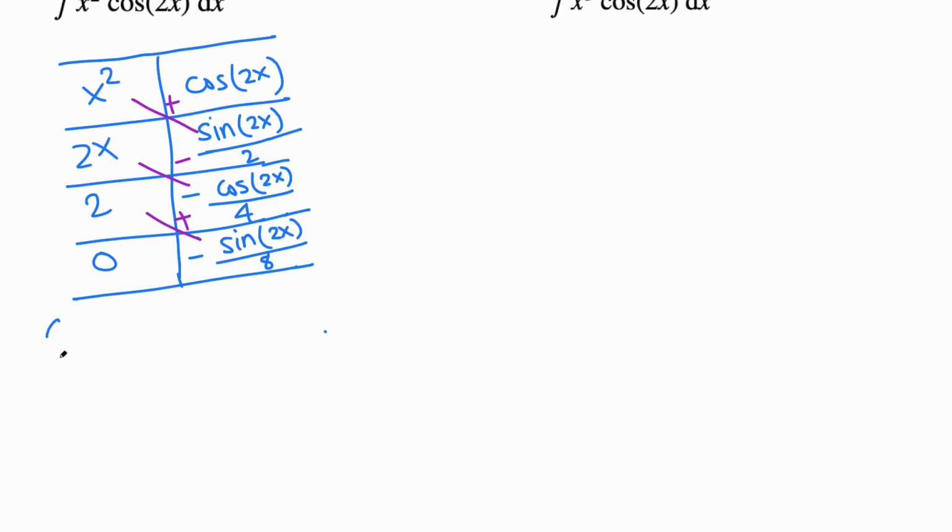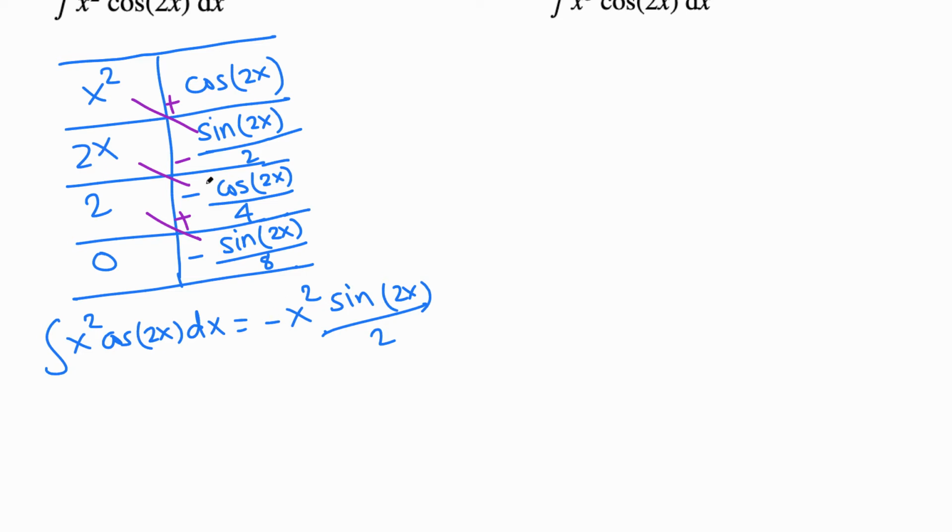The integral of x squared cosine 2x dx is x squared times this, with a negative sign, so negative x squared sine 2x over 2. And then, this one is plus, but when we multiply there was a negative sign, so I had to write negative.